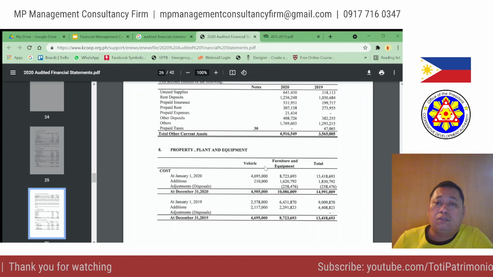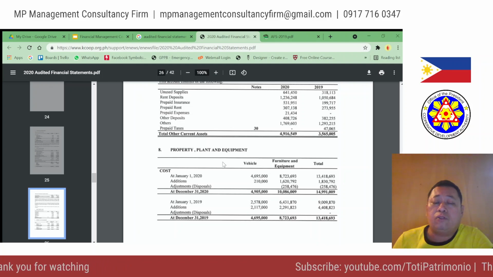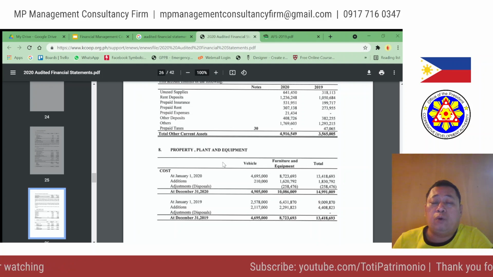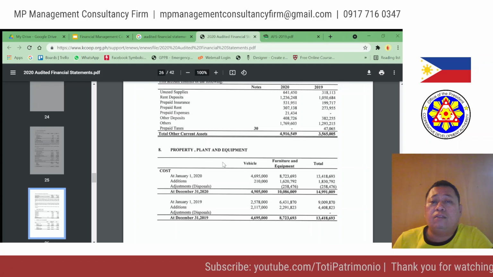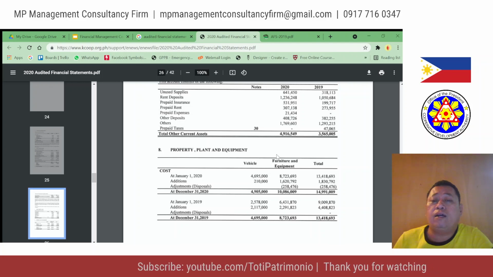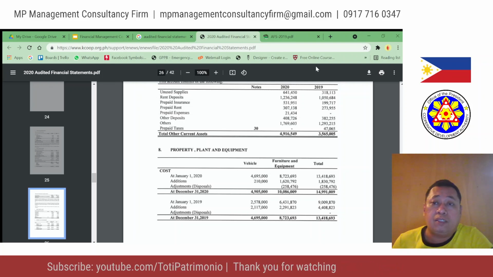So practically the notes to financial statements explain in a qualitative manner the significant items presented in the financial statements, so that a qualitative explanation will be provided to the readers of the financial statements.